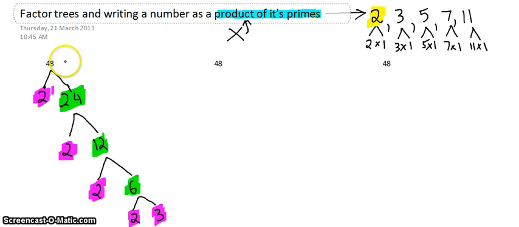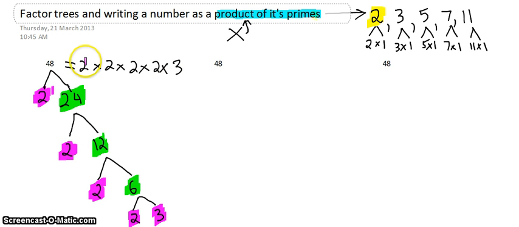So 48 equals 2 times 2 times 2 times 2 times 3. So we're using the ones from here, 2 here, times 2 up here, times 2 here, times 2 we've put here, and times 3 on the end. So I'm using all those pink numbers.